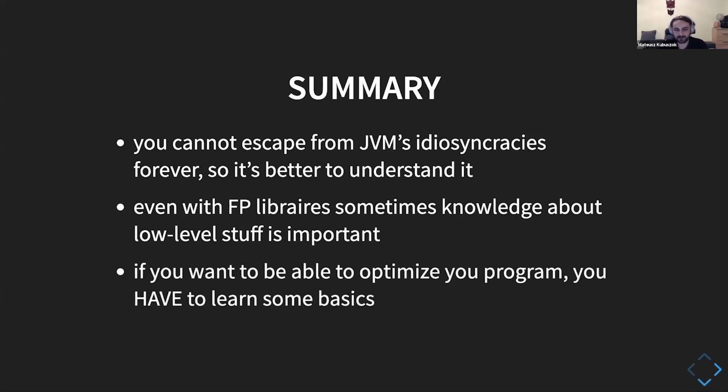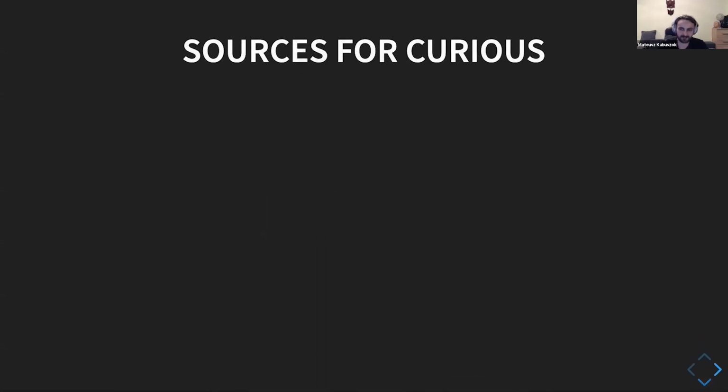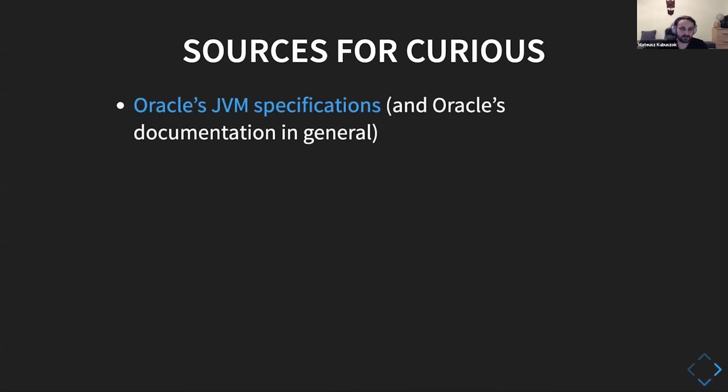And also, if you want to optimize a program, you had better learn some basics, mostly how to measure things. Otherwise, you might be optimizing in the wrong places or doing something that the JVM already does for you. So if you are curious, I gave you a list of sources. The biggest list is everything that Oracle is already publishing about the JVM.